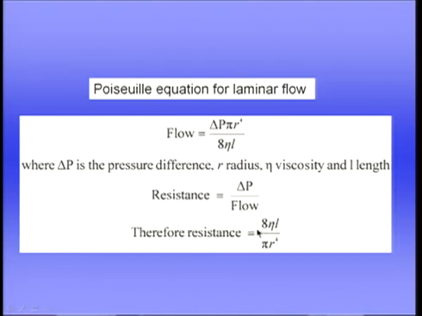It's not surprising that the resistance is proportional to the viscosity. The higher the viscosity, the greater the resistance to flow. It's not surprising that it's proportional to the length of the tube. The longer the tube, the higher the resistance. What is remarkable is that the resistance is inversely proportional to the fourth power of the radius. What that means is that if you halve the radius of the tube, the resistance increases 16-fold.